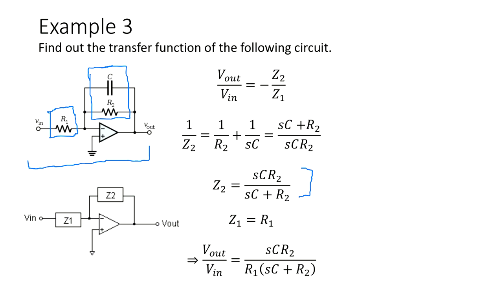So we can just substitute this value into the original equation. And finally, we would have this answer, right? We substitute Z1 to be R1 here, and then Z2 is this. So it's just this over R1. So straightforward. Once you remember this equation, you find your Z1 and Z2, and then you substitute.